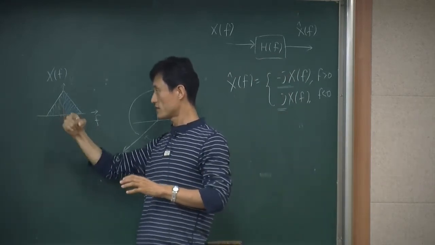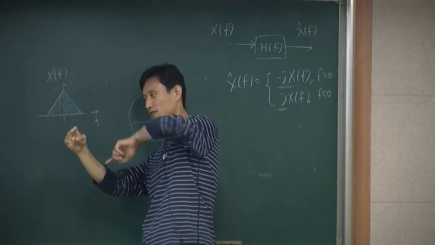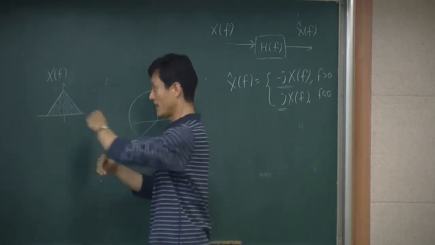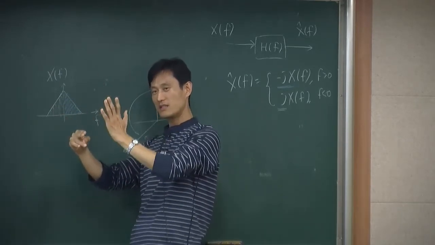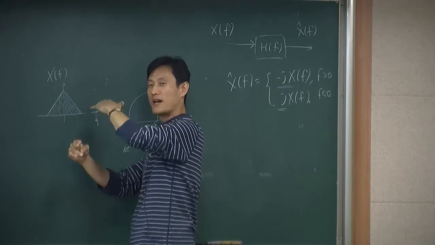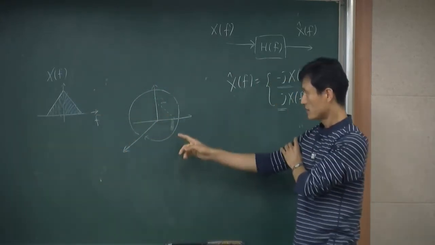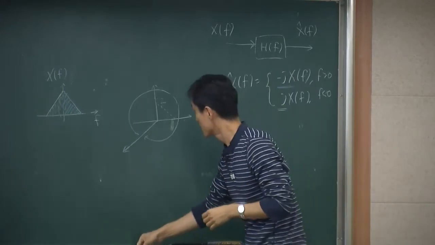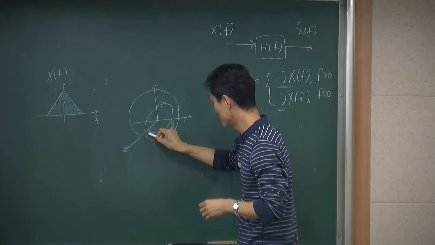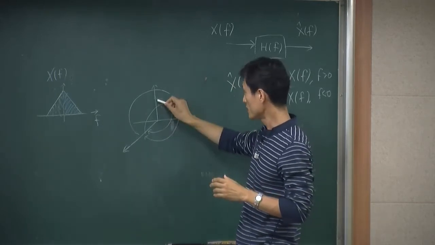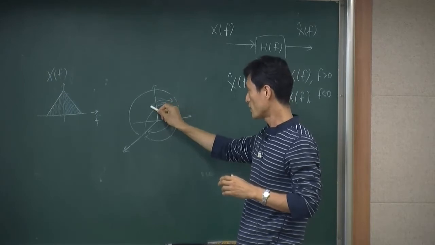Let's think about one more axis here. Then there's a rotation this way, not this way, but this way. So 90 degrees is going this way, and minus 90 degrees is going that way. You know what I'm saying? Think about three dimensions. I'm talking about starting here and going that way, like this, right? That's a phase rotation. So 90 degrees means you are going that way, minus 90 degrees going this way.